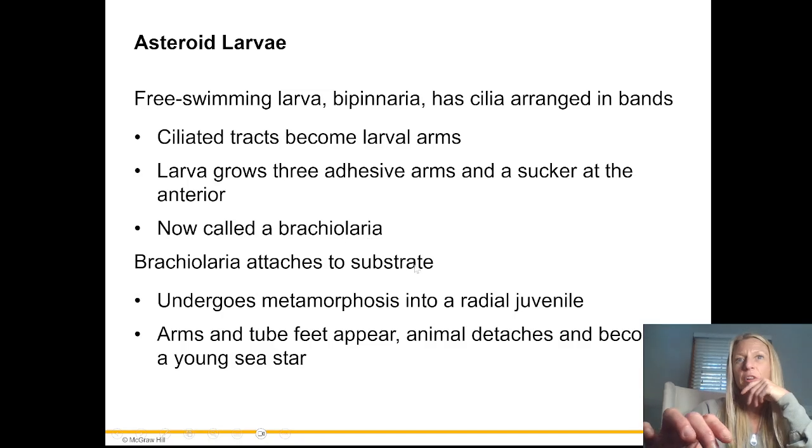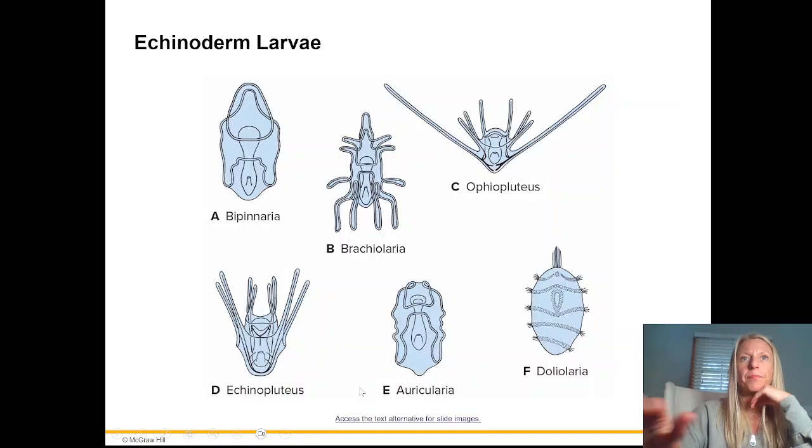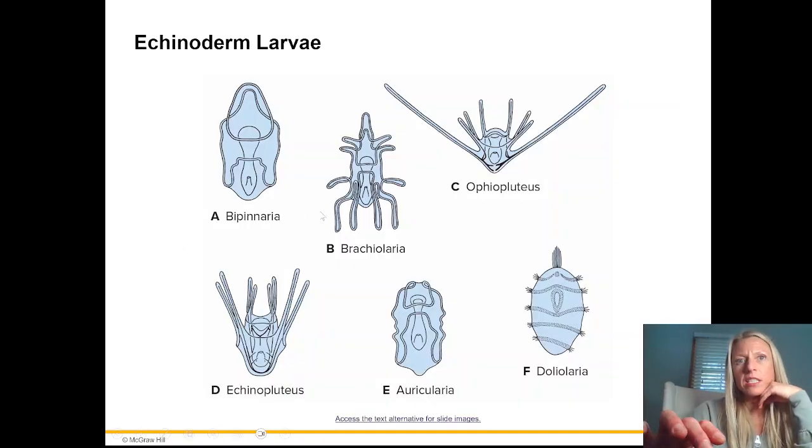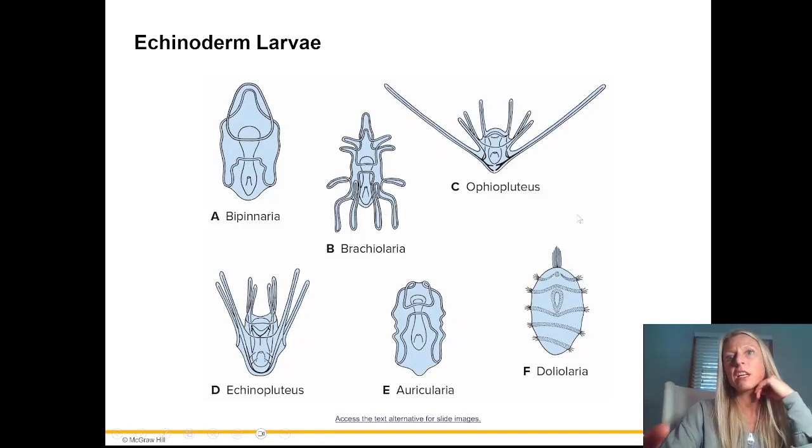And when they get there, they're called a brachiolaria, which then attach to a substrate and then metamorphosize into a radial juvenile. And then we have the arms and the tube feet appear. So this is looking at some different larvae in different echinoderms. Kind of neat looking.